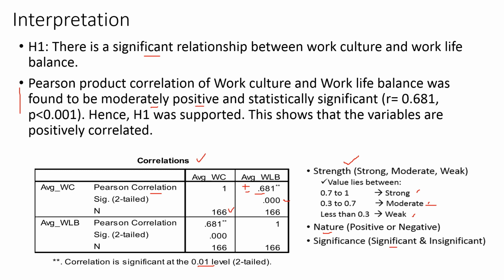And the R value is 0.681 and the significance value, that is P, is less than 0.001. This is the value with which we have to compare our significance. Hence H1 was supported. This shows that the variables are positively correlated. So this is the way we have to do correlation analysis. Try with examples.